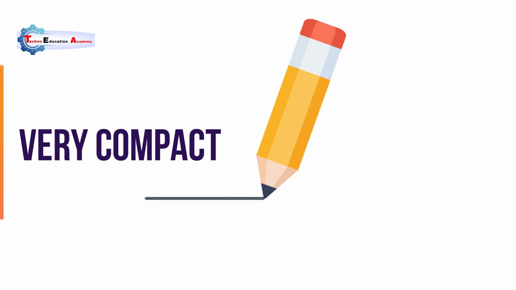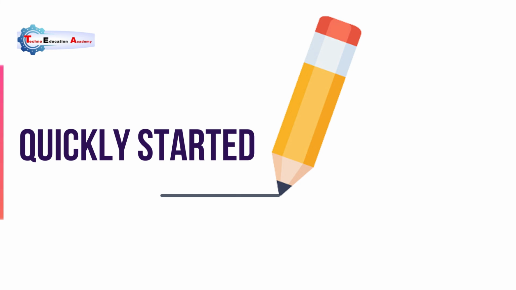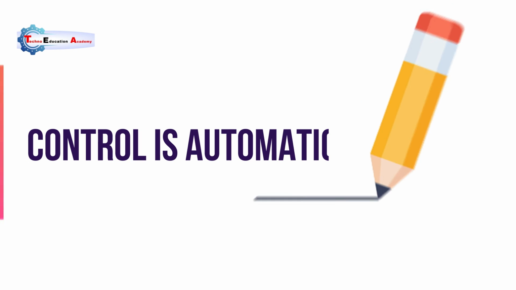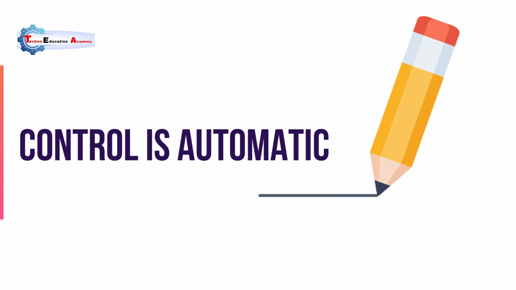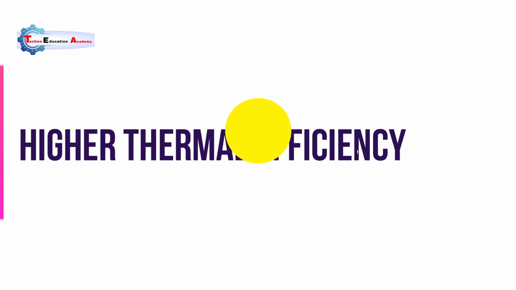Third advantage: it is very compact and has greater flexibility. Fourth advantage: it can be quickly started. Fifth advantage: control is entirely automatic. And the sixth advantage: it has a high thermal efficiency.